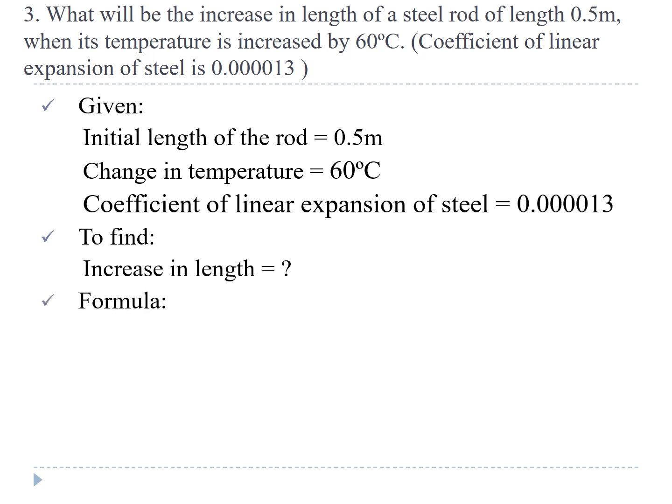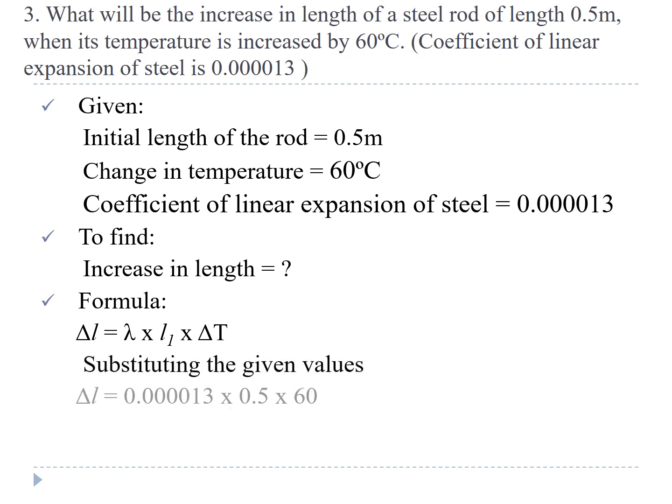So the formula you must have understood by now. It is delta L is equal to alpha L1 into delta T. I have already told you what it is. So all we are supposed to do is substitute. Substituting the given values, delta L is equal to, very simple, whatever has been given to you, only that you have to substitute.